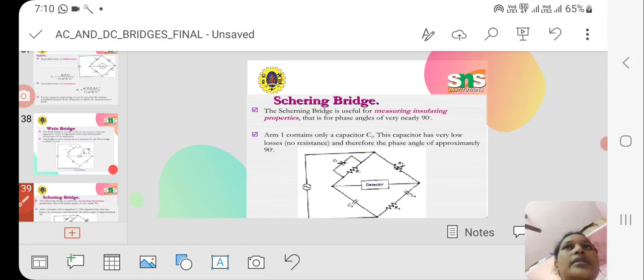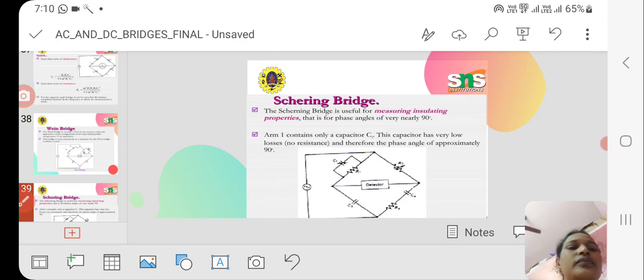A standard resistance and standard capacitance, C1 and R1, are connected. C1 is assumed to be free from loss. A non-inductive resistance R2 is connected at one arm, and a variable capacitor C3 is connected to another arm.